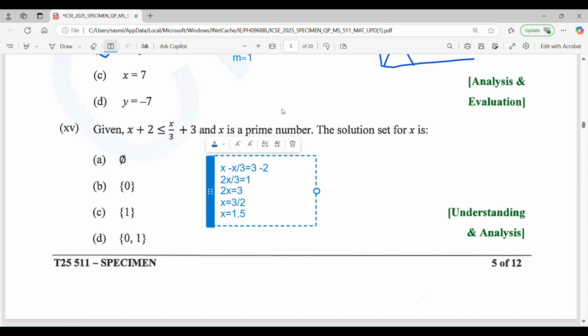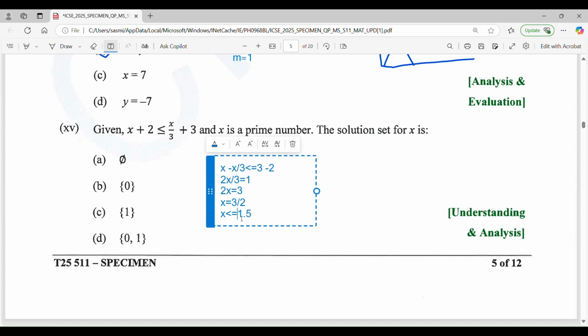Here it is given that x is a prime number, and all of these are less than or equal to symbols, so x is less than or equal to 1.5.